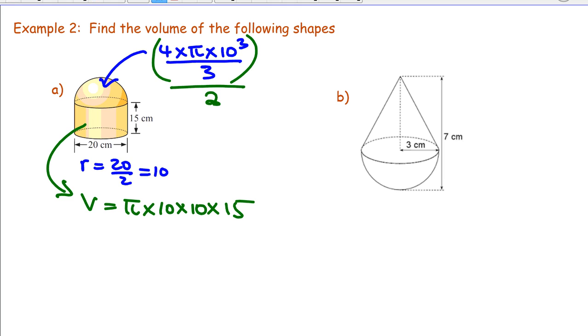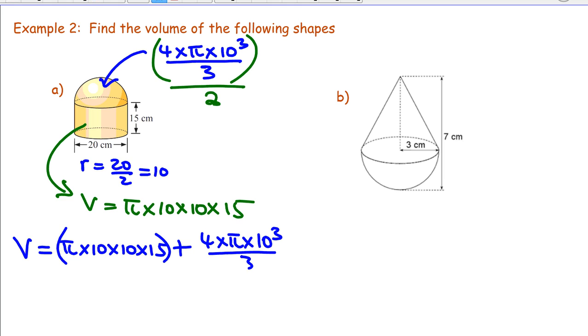So basically I have these two volumes that I need to add together. So the volume of this shape will be pi multiplied by 10 multiplied by 10 multiplied by 15 plus 4 multiplied by pi multiplied by 10 cubed divided by 3, all this divided by 2.